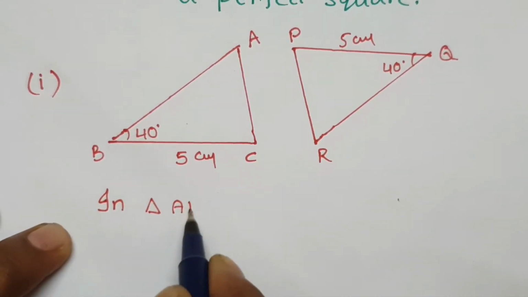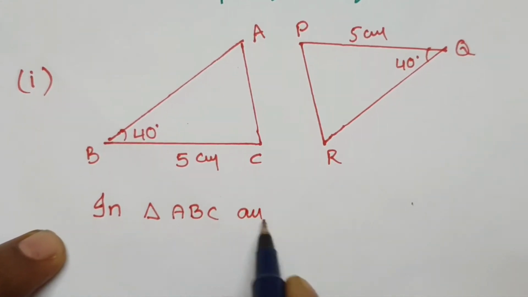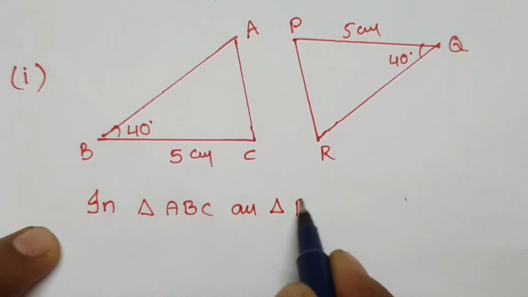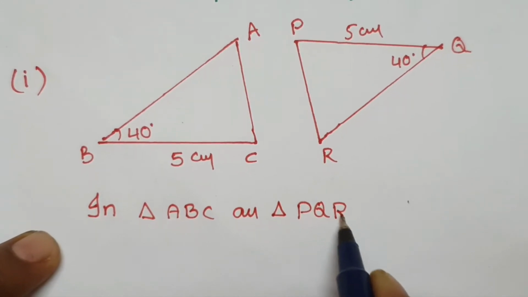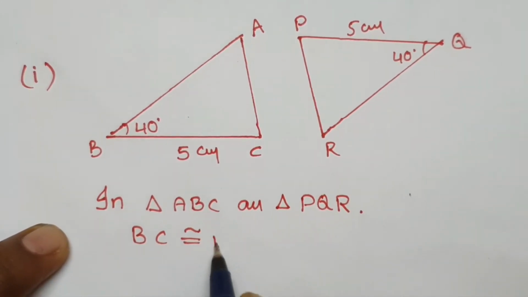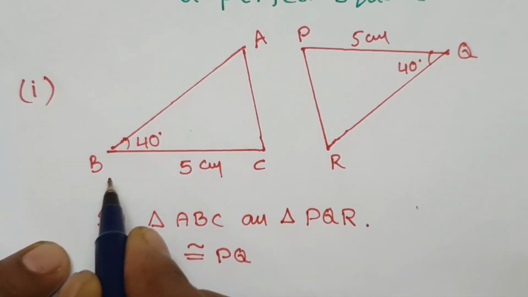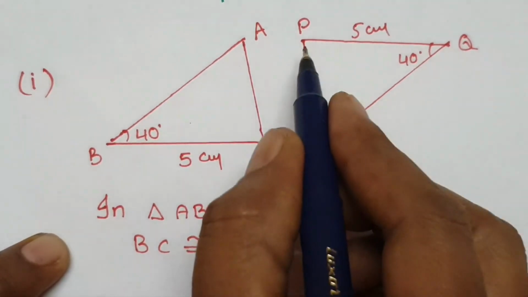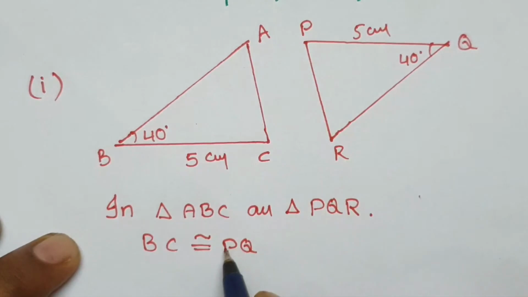First one, answer. Here two triangles. In triangle ABC and triangle PQR, BC is congruent to PQ. BC 5 centimeters, PQ also 5 centimeters.